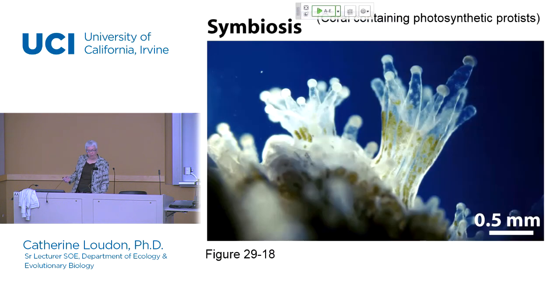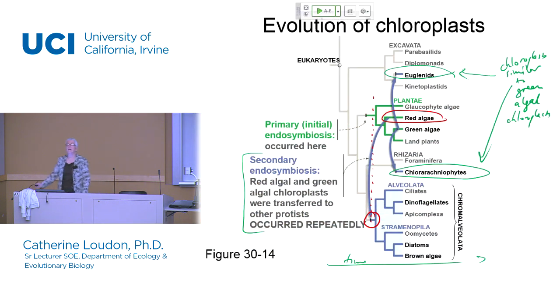This is similar, by the way, to what we were considering if the chloroplasts within this big group here are thought to be derived from a red algal precursor.